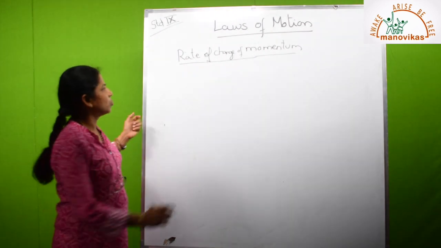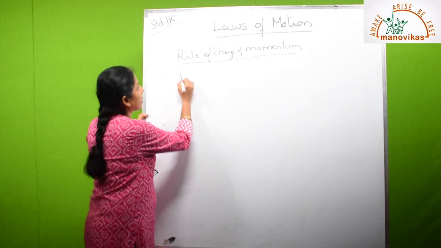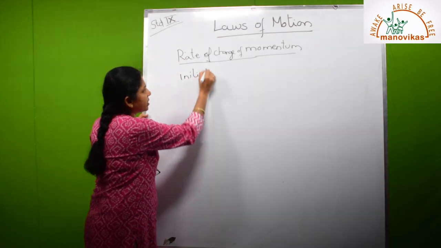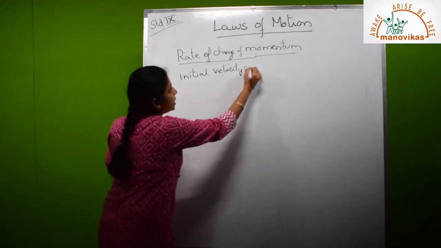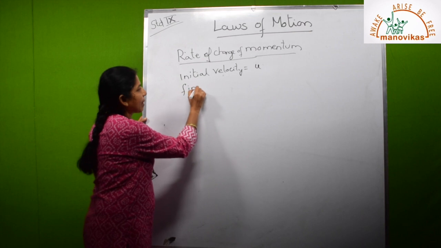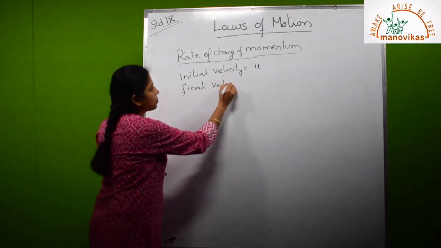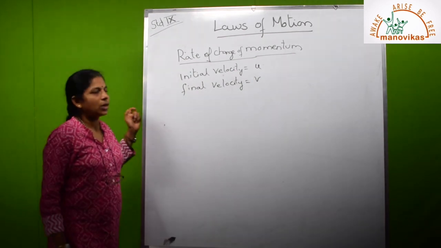So if you take the initial velocity to be u and the final velocity to be v, alright?